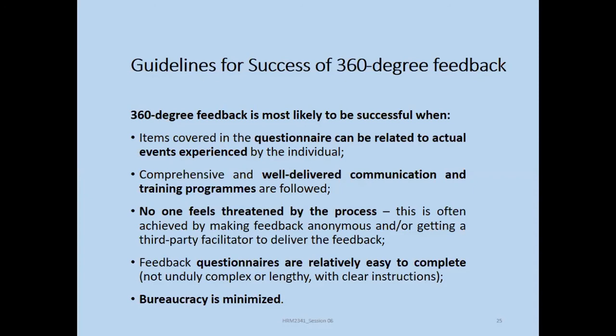If there is a complicated administrative process, you cannot understand who are the superiors, who are the subordinates, who are the peers, who are the internal customers, and if there is that bureaucracy, it is very difficult to implement the 360-degree feedback process.